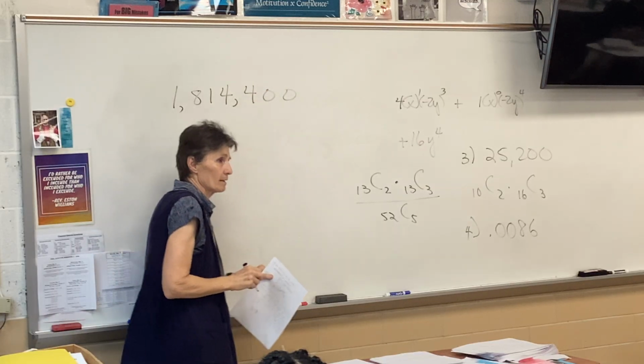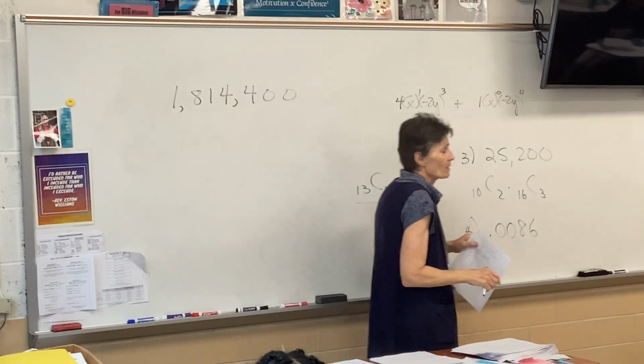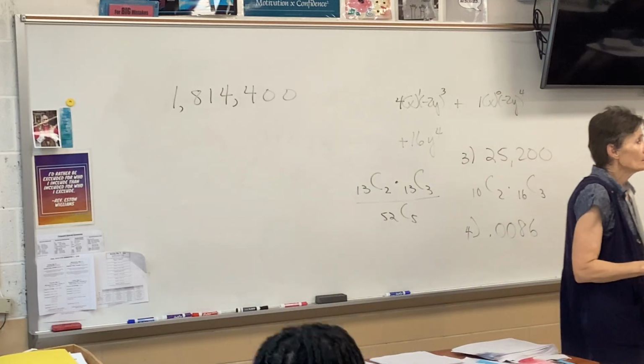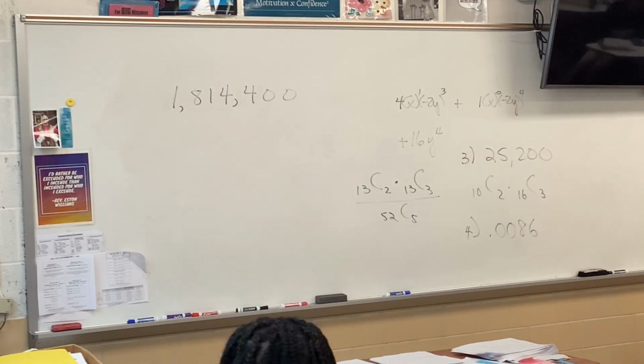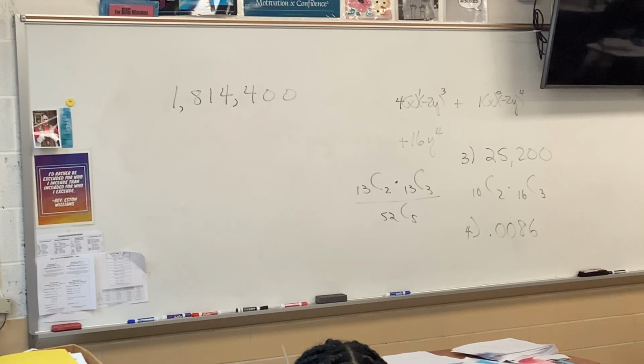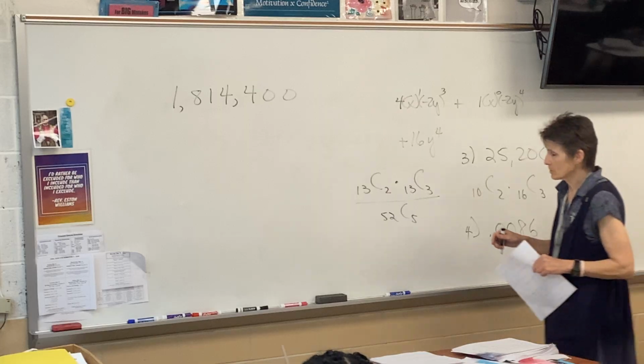Yes, that's correct. Now, how did that come about? 10 factorial divided by 2 factorial, because there's only 2 repeating letters in there. So 10 factorial divided by 2 factorial.